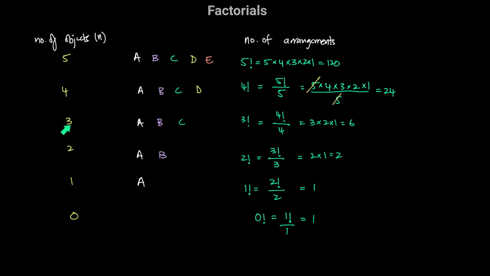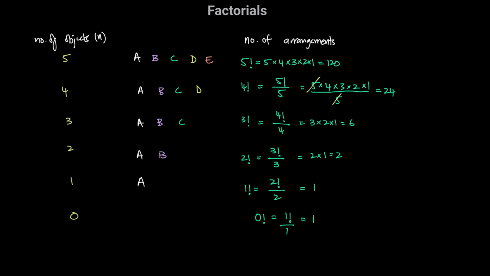The number of ways in which you can arrange 3 different objects is 3 factorial, which is 4 factorial divided by 4. And that's simply 6 different arrangements. The number of ways we can arrange 2 different objects is 2 factorial. That's simply 3 factorial divided by 3. So that's 2 different ways of arranging 2 different objects, right? We can have A, B, or B, A. And the number of ways in which we can arrange one object is just 1.